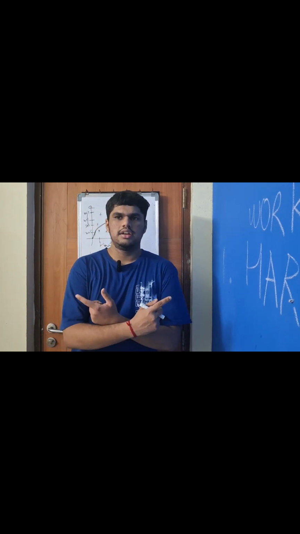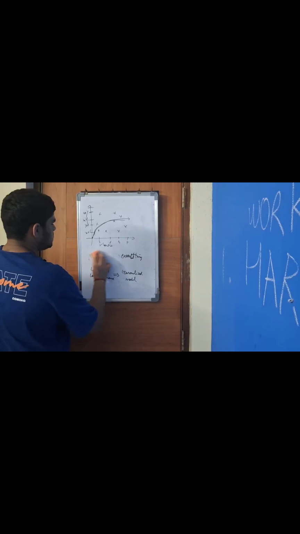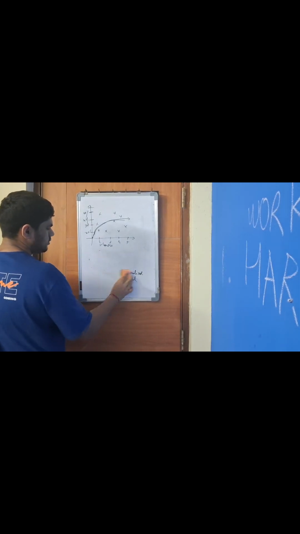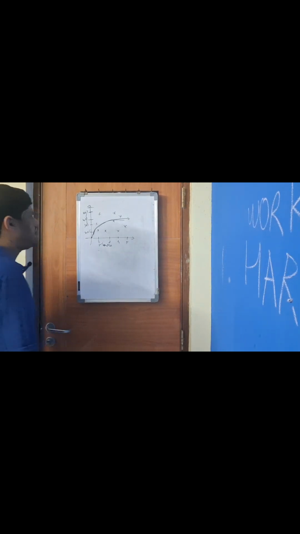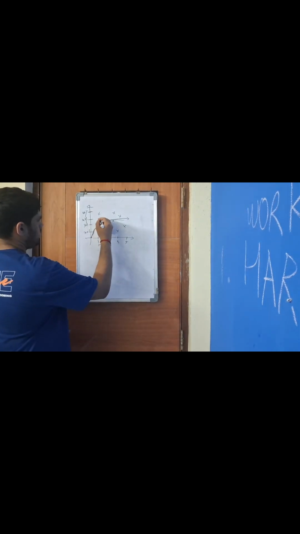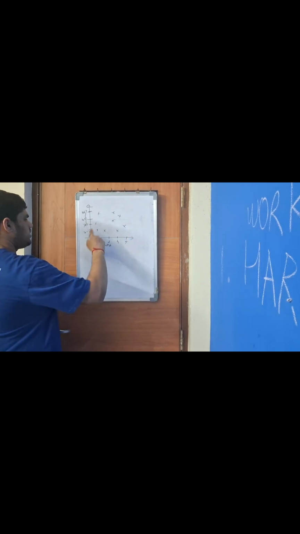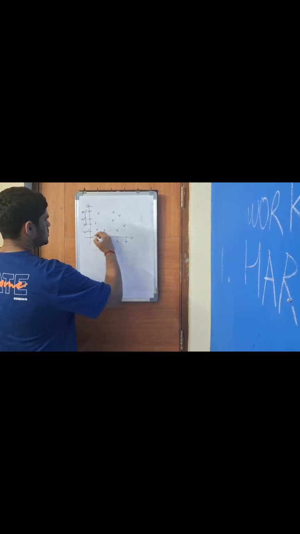So let's get started. I'll just clear this up real quick. Let's take this particular data set, and let's say we are training on it first. These are my training points, and let's say I used a linear regression model, which is like this.